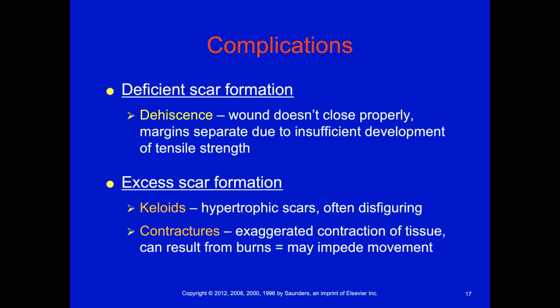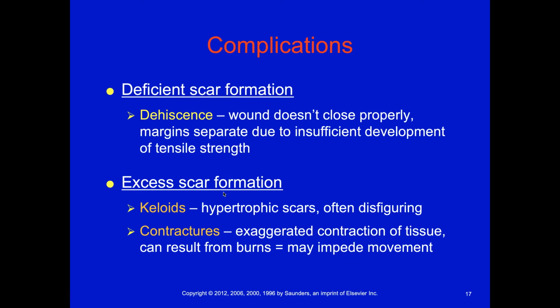So the margins can separate under tension, under the pulling pressures, and this can create the gaping. This is because you have insufficient development of the wound strength that the wound needs to resist those pulling pressures, or tensile strength.